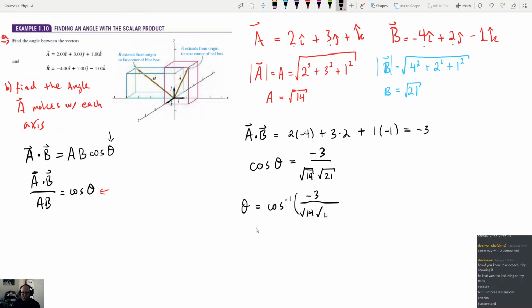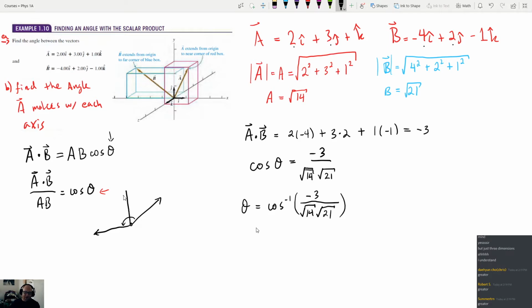So I have a question before I get the answer here. Do you expect this angle to be between 0 and 90 or greater? If you think about it, if you take any two lines, right? So I take a line this way and I take a line, let's say, off this way. Then really the biggest that the angle between the two of them could be would be 180 degrees, right?